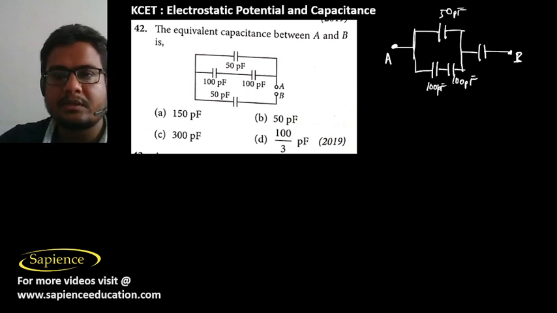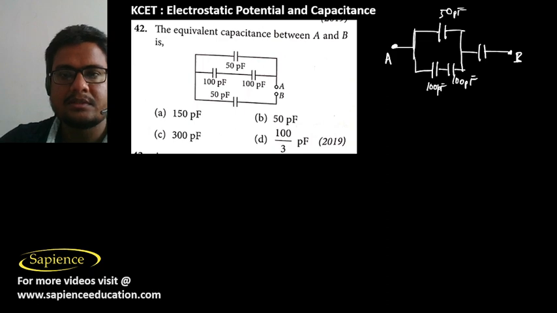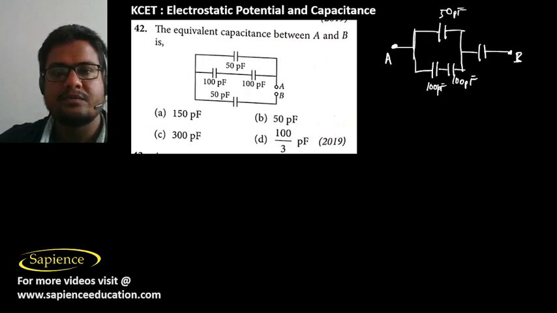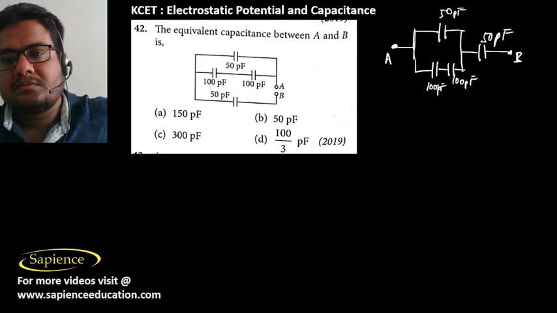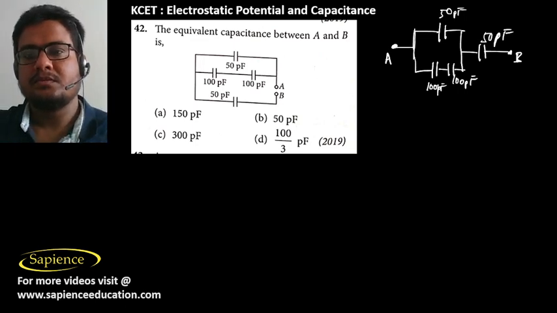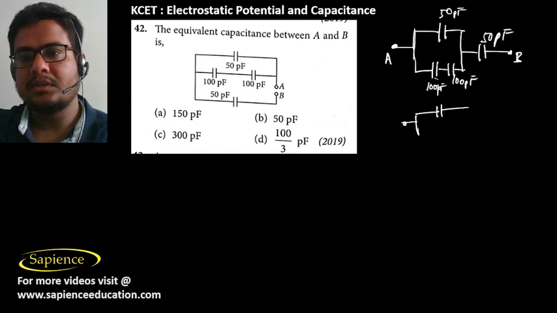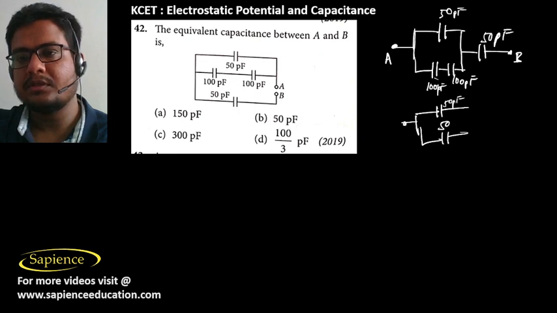The two 100 picofarad capacitors, 200 picofarad, are in series, which is in parallel with 50 picofarad. So their equivalent is 50 picofarad. This will be 50 picofarad and this will also be 50 picofarad. This is A and this is also 50 picofarad.